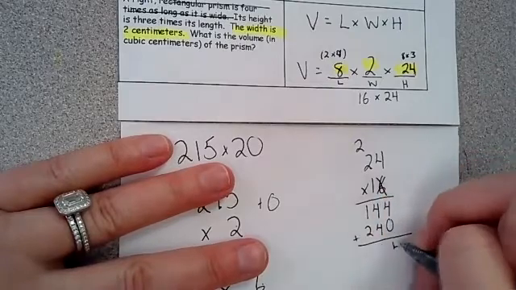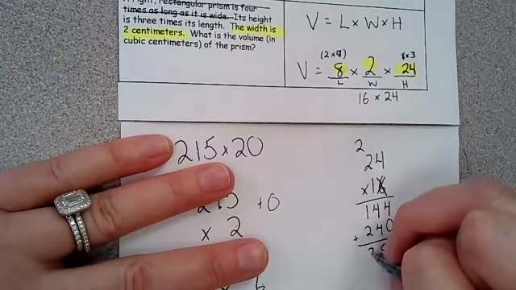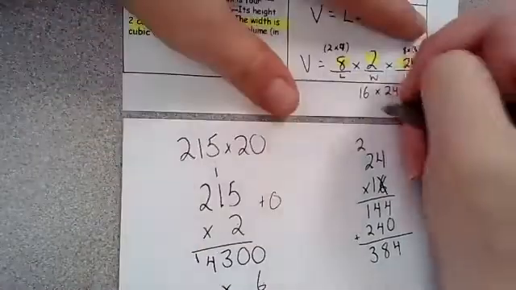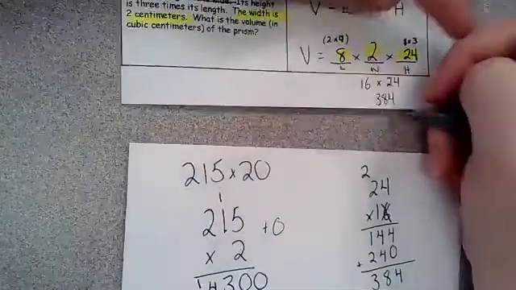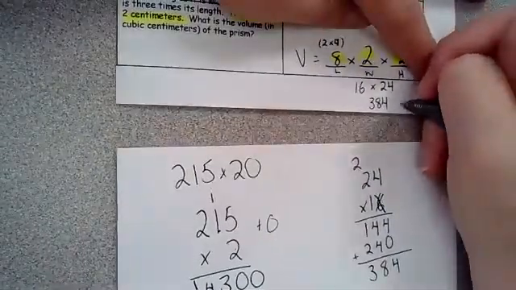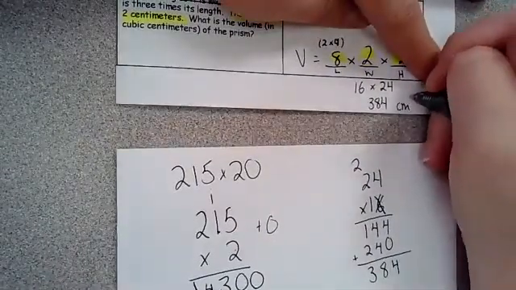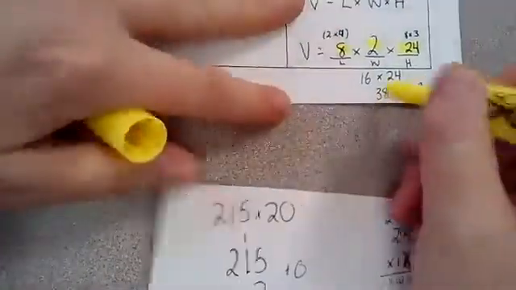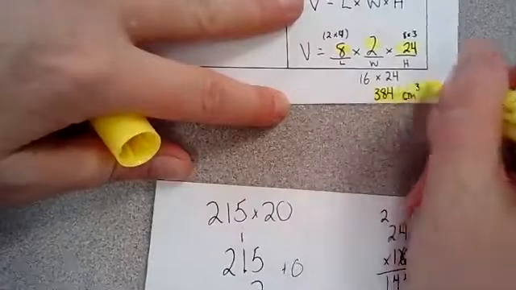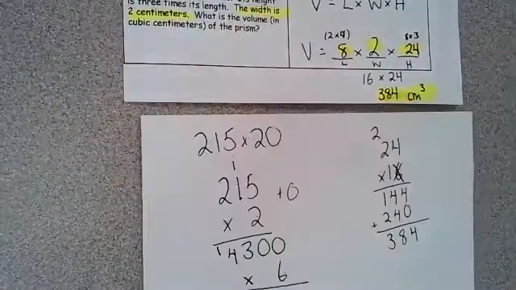Add together 4, 8, 3. So your answer is 384 cubic centimeters. So that's centimeters with a little 3 over top of it. 384 cubic centimeters.